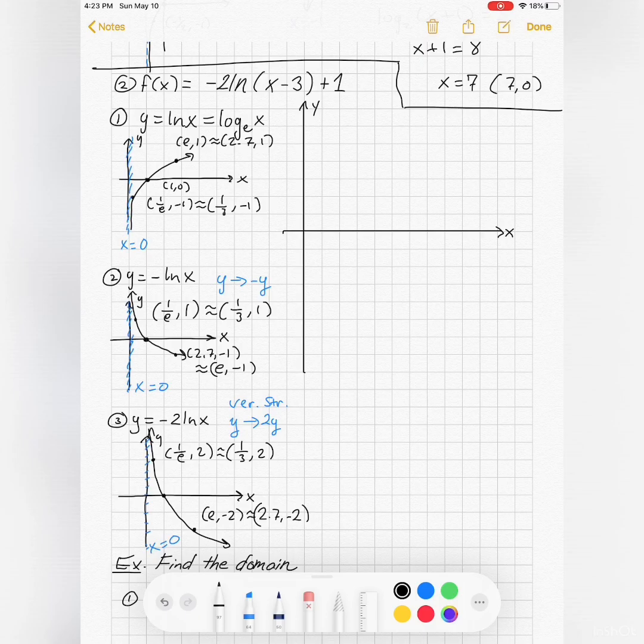All right, and then right 3. So I'll do that step over here.